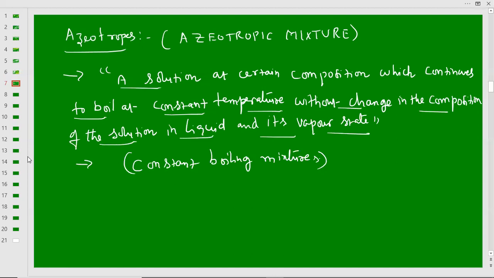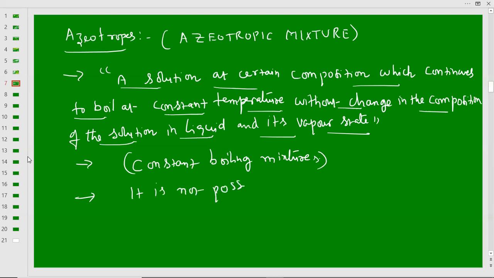That is called an azeotrope. These azeotropes are also binary mixtures, with the same composition in liquid and vapor phase, boiling at constant temperature. It is not possible to separate the components by fractional distillation. That is the importance of this.